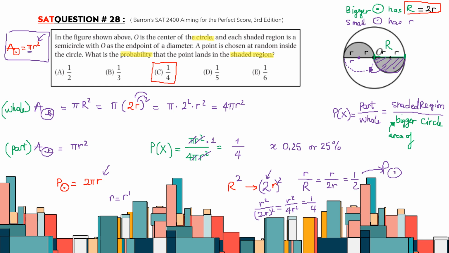Pi is the same, only r, the radius, is changing. So this is the area ratio.